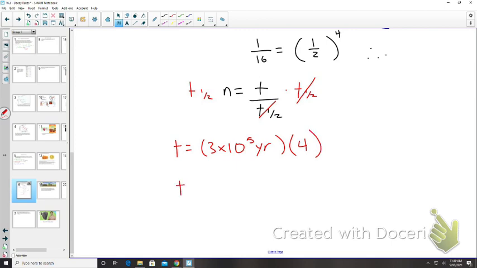And then we get T equal to 1.2 times 10 to the 6 years, which is the same thing as 1.2 mega years, which is the same thing as saying 1.2 million years.